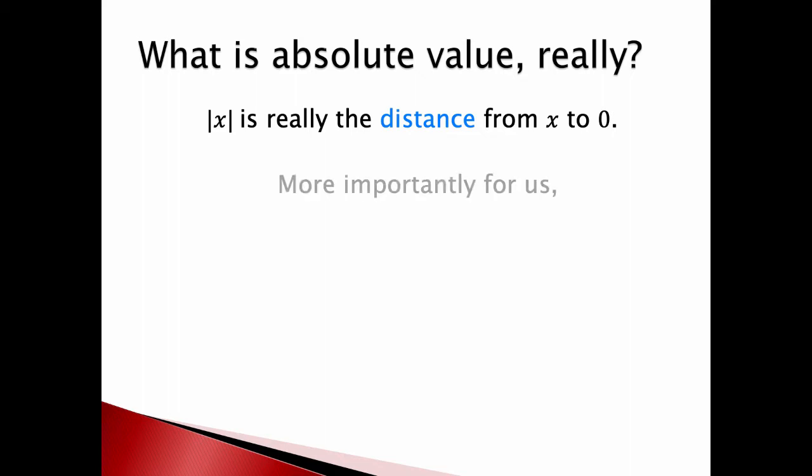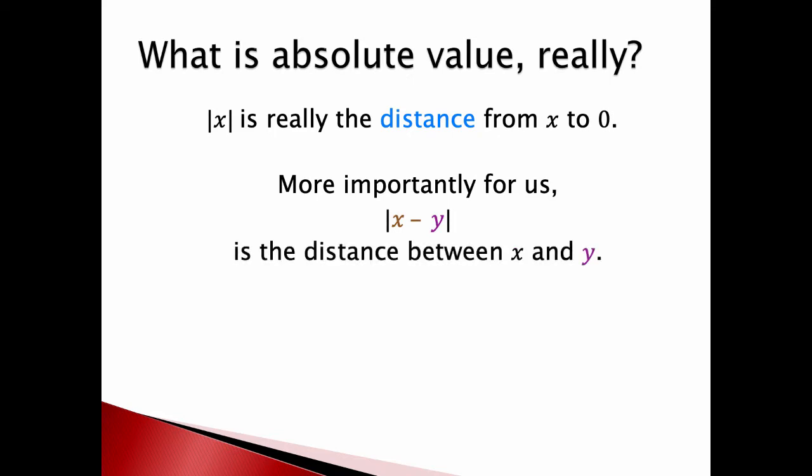So if you look at the absolute value of x minus y, then that'll just be the distance between x and y. So we're going to see absolute values constantly from now on, and the way to read that is as a distance.